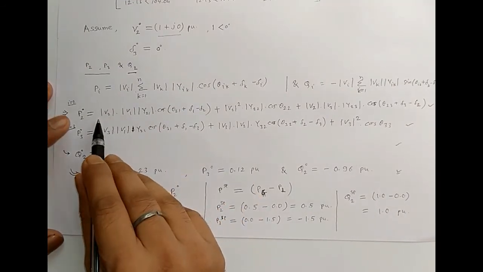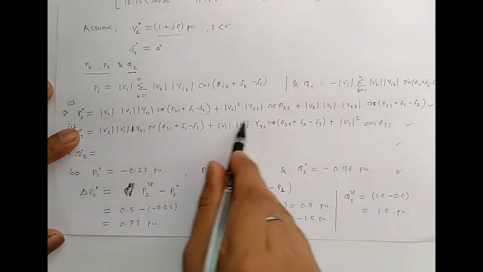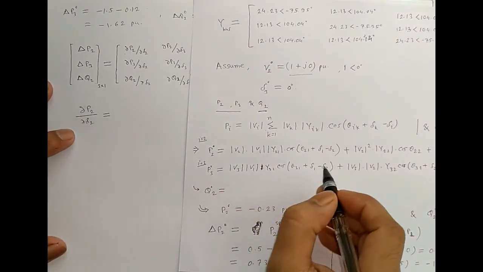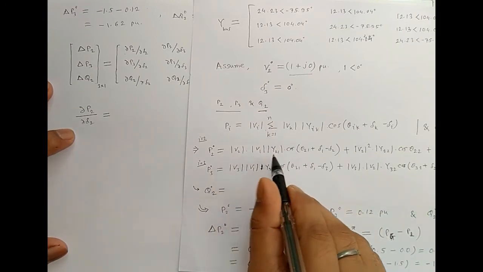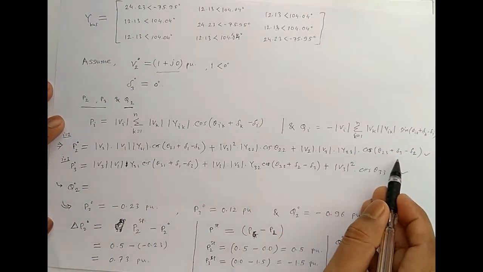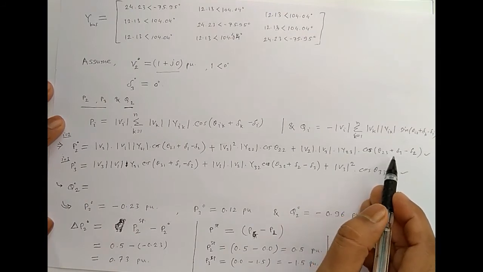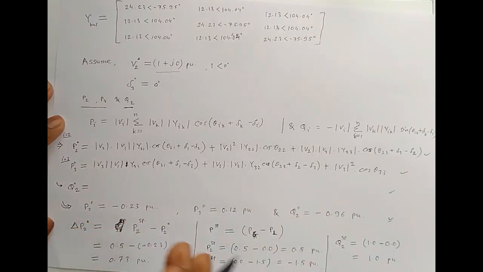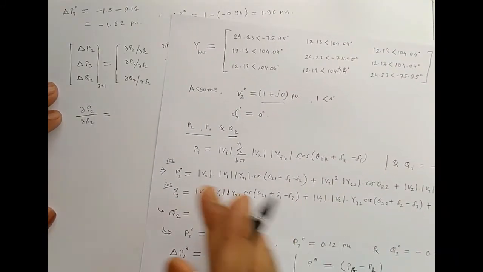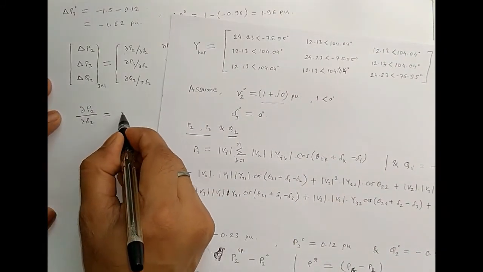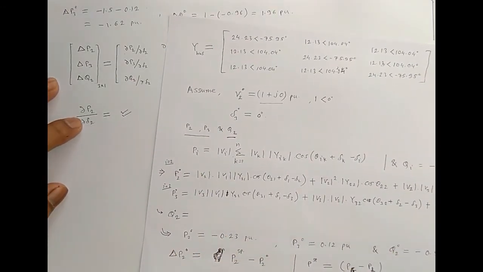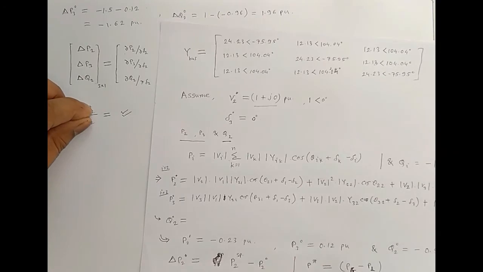After differentiating this term with respect to delta 2, we will put in all the assumed and given data, and then we calculate this one element of the Jacobian matrix.